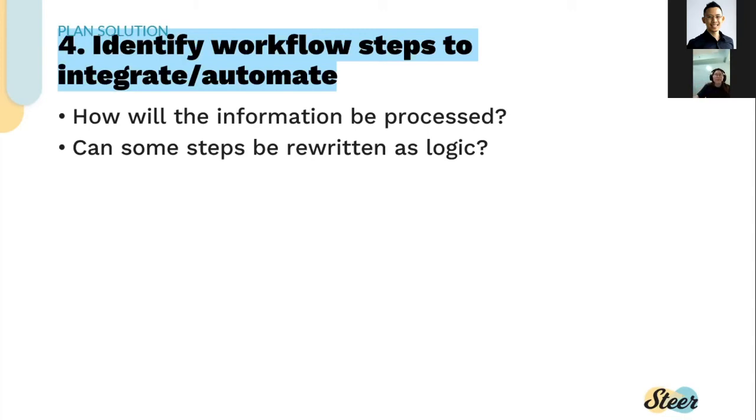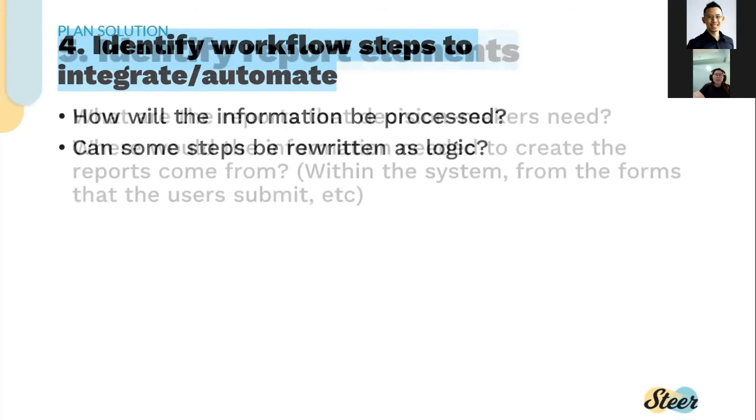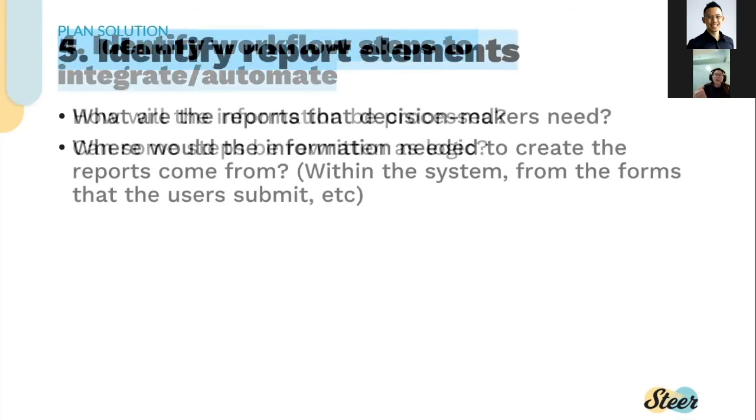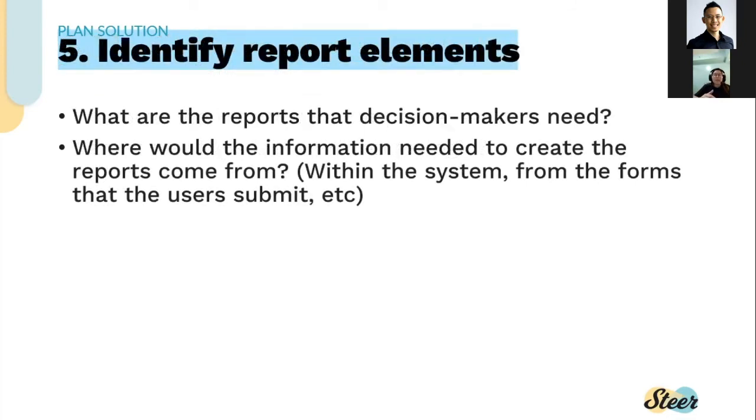Okay. So once you have identified your workflow steps for integration and automation, the last step would be to identify report elements. So you need to identify the information that decision makers need in order to review the process, or review different parts of the operations to see whether they are optimized, and what can be improved.